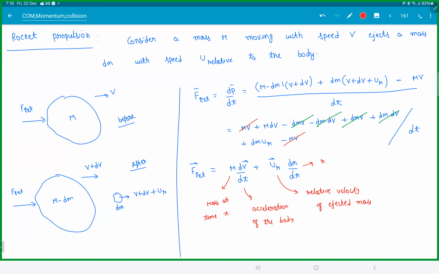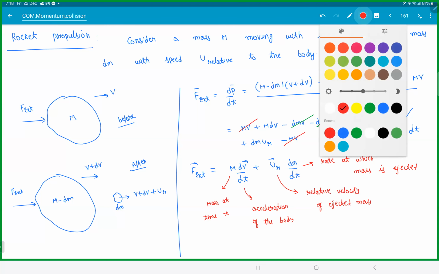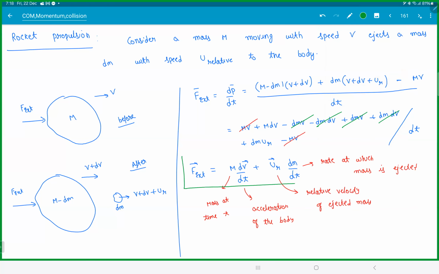This dm by dt is the rate at which the mass is ejected. Quite an important thing for variable mass system. This thing looks like F is equal to m dv by dt plus v dm by dt, but be careful, in that v was velocity of the body. This was u relative. This is something else.